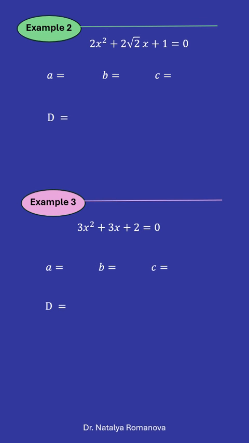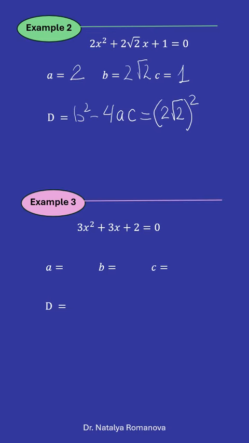The second example, coefficient of x squared equals 2, coefficient of x equals 2 square root of 2, c equals 1. Discriminant is b squared minus 4ac. b squared, it is 2 square root of 2 squared, minus 4 times 2 times 1. 2 square root of 2 squared is 8, minus 4 times 2, 8, equals 0.